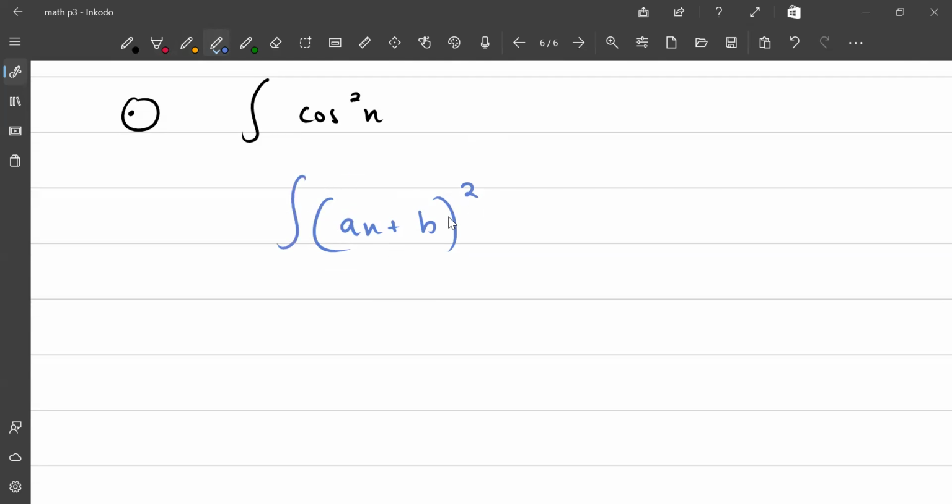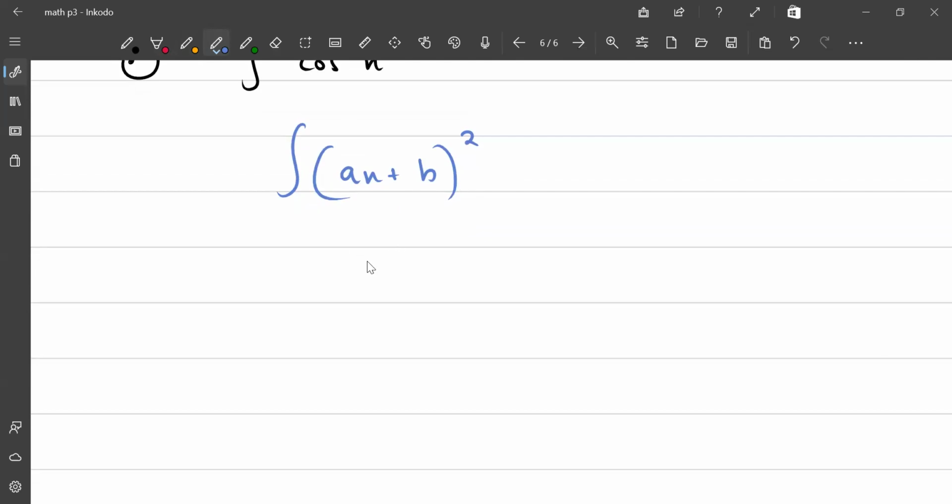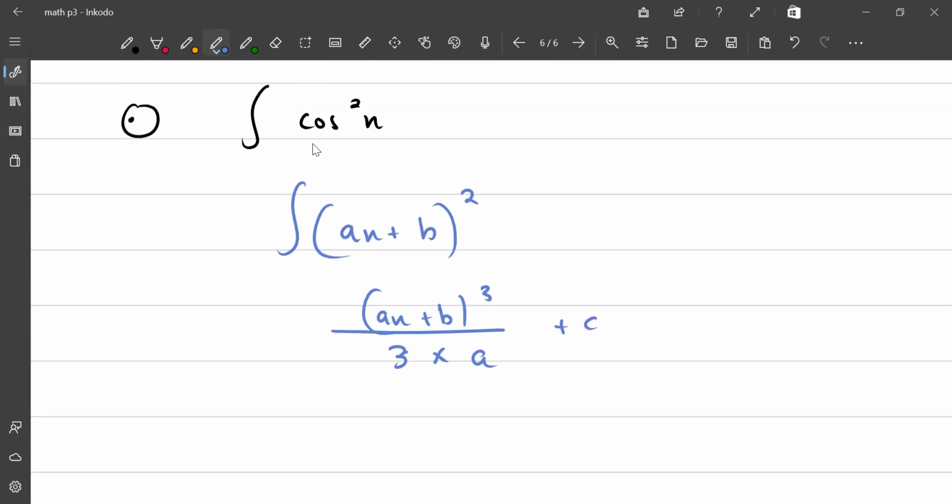Since this is a linear function, what we will do is take ax plus b to the power 3, divided by 3 multiplied by the differential of this bracket, plus c. This is how you integrate a linear function. But notice that this is a trigonometric function which is not linear, so you are not going to integrate it like this. How are you going to integrate it? I will tell you in a moment.